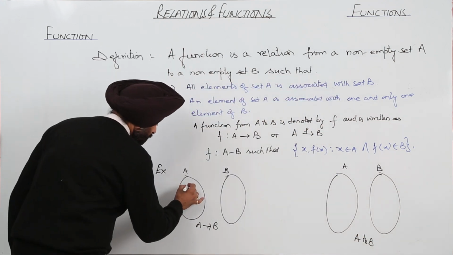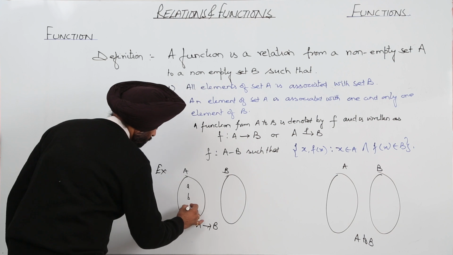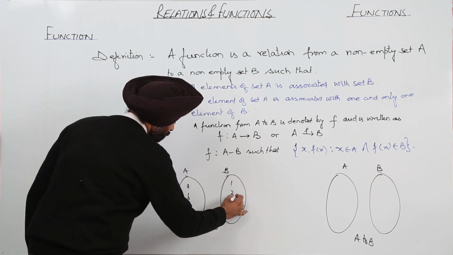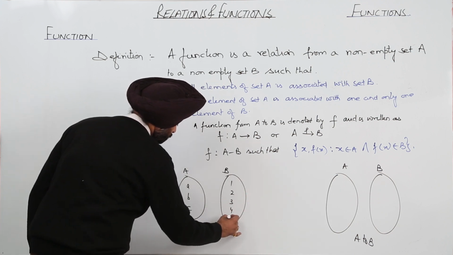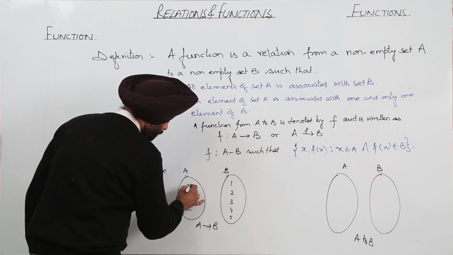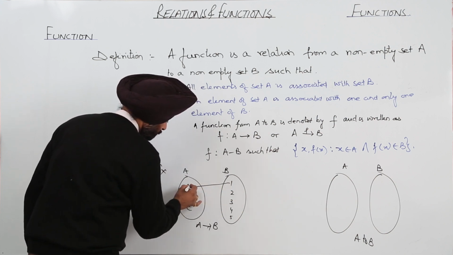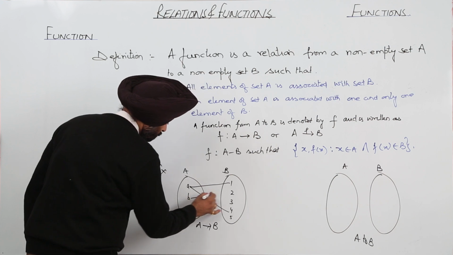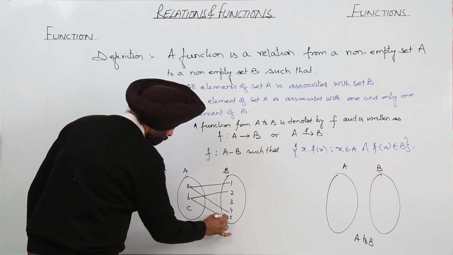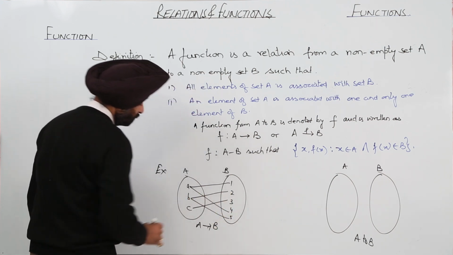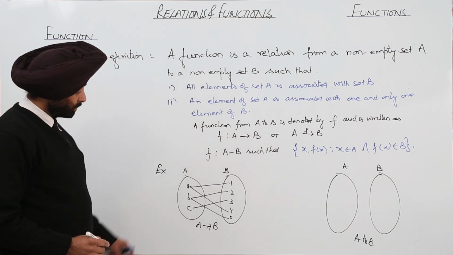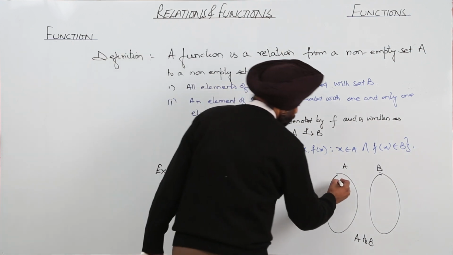Now here we are having, suppose A, B and C, here 1, 2, 3, 4, 5.